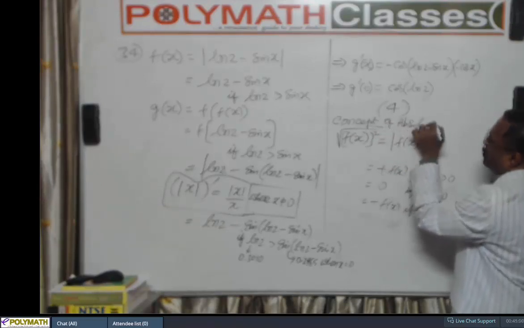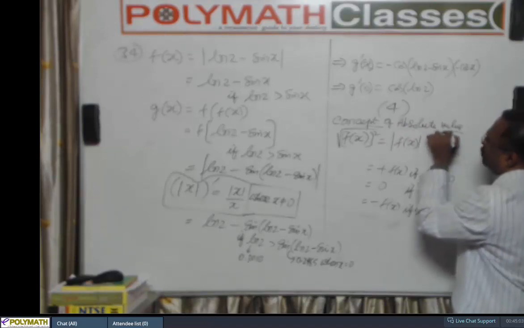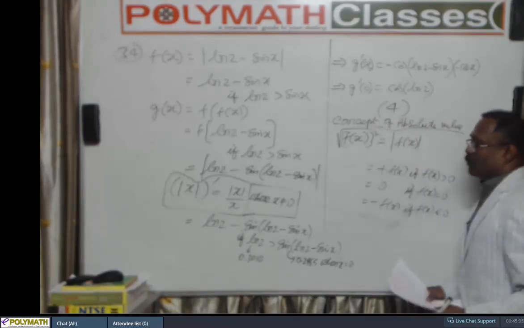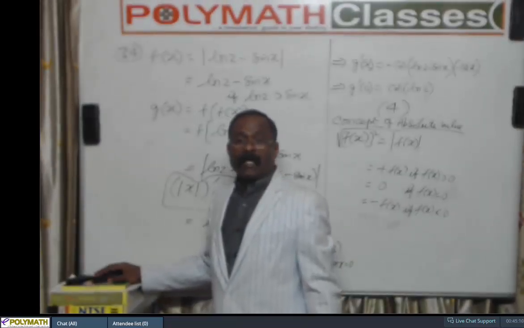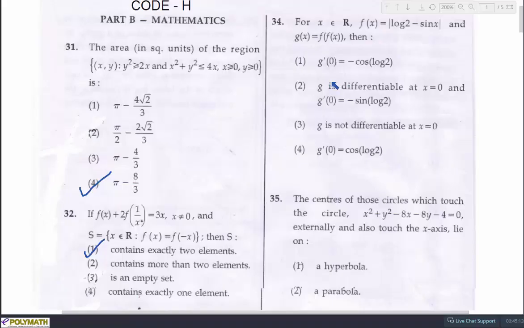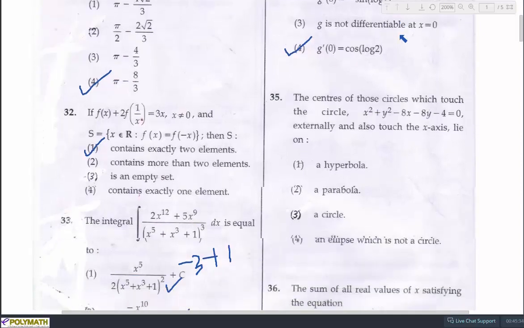So the answer for this is option number 4. g dash 0 in this case is cos of ln2. The question is mainly based on the modulus concept, so if that is clear to you, this question can be answered easily.